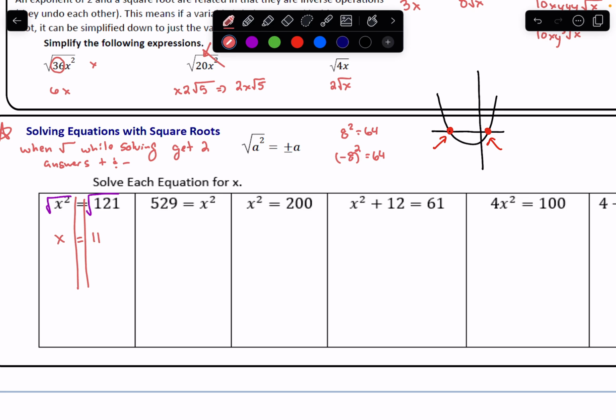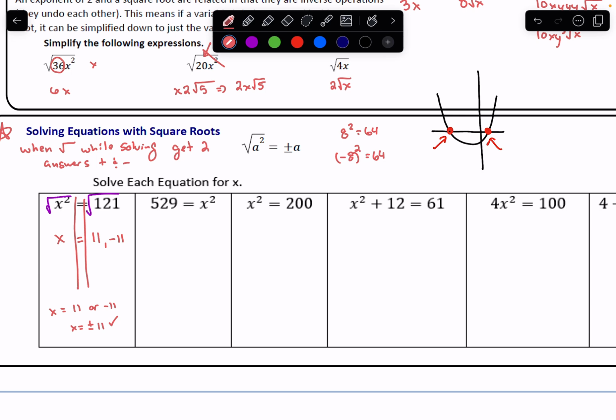But I also could get negative 11. So I actually have 2 answers on the right-hand side. So my answer is x equals 11 or negative 11. We can also write that as x equals plus or minus 11. This is the more common way to write it because you're saying the positive and negative of the same number, okay?